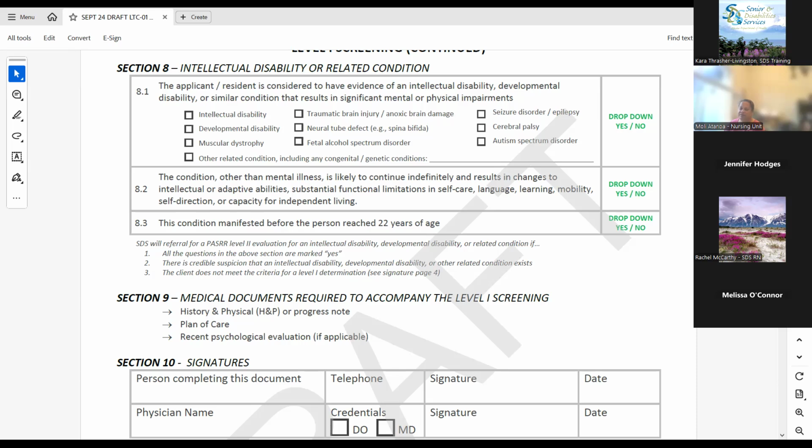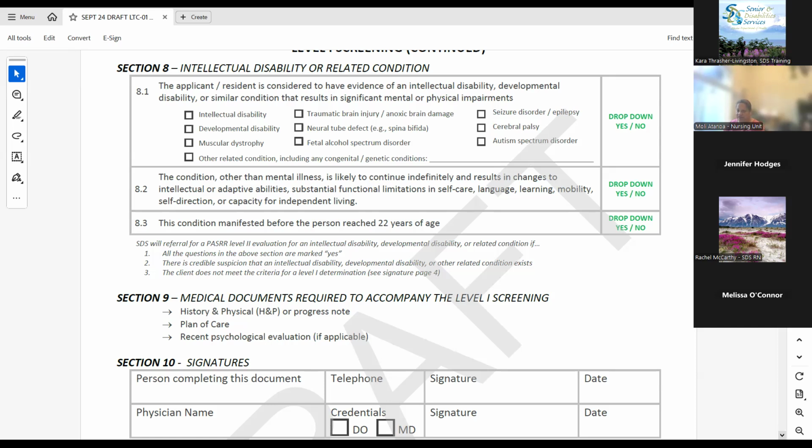Additional guidance provided, but specific to ID or intellectual disability or related condition, looks at the federal requirements or federal guidance on what that is, a diagnosis or indicators of whether the condition has manifested before age 22.